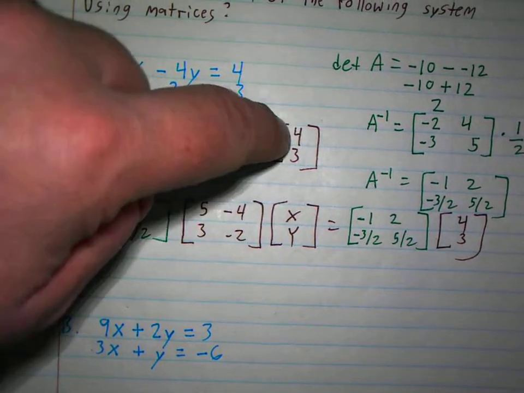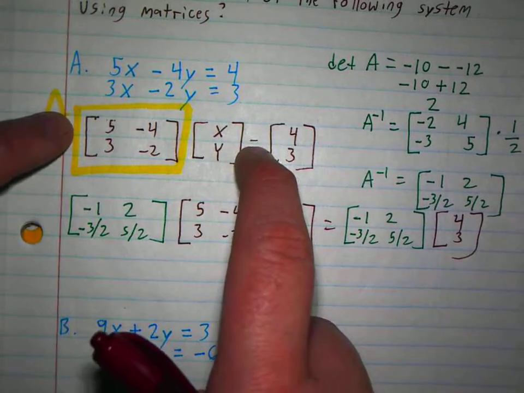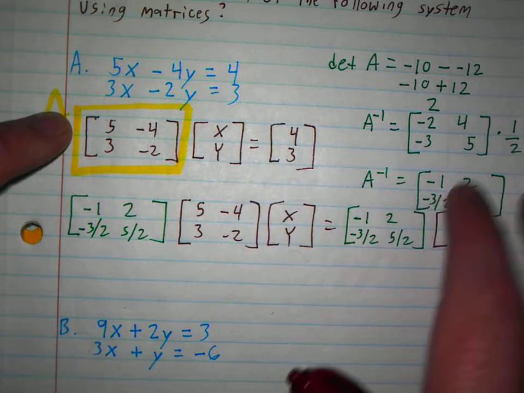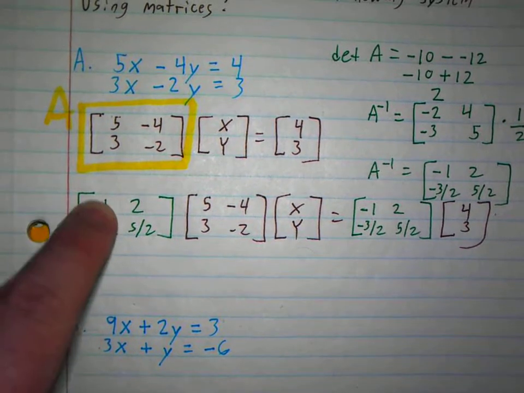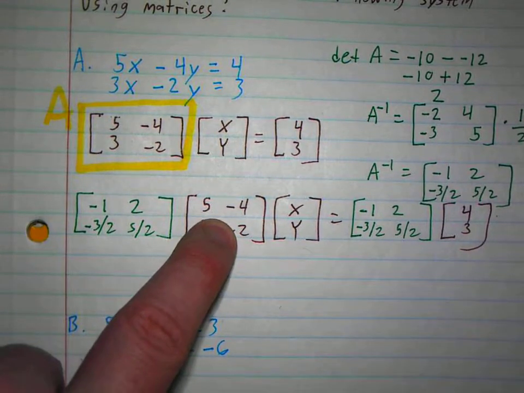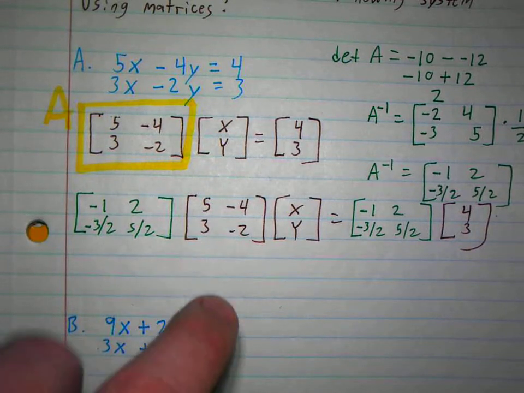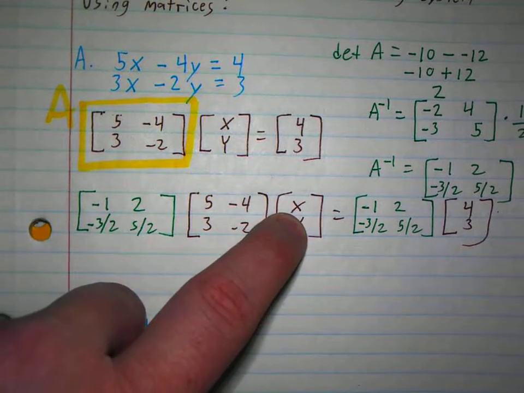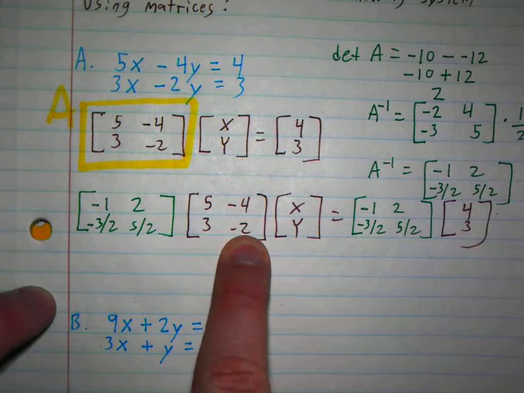So I had my matrix equation, and all I've done so far is put A inverse in front here and here. Because whatever you multiply on the left, you have to multiply on the right. Now, because we found the inverse, we already know that this matrix times this matrix is the identity, 1, 0, 0, 1. And we know that 1, 0, 0, 1 times xy is just xy. So this cancels out this, leaving xy.